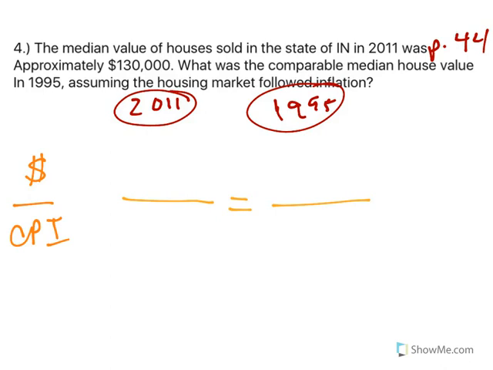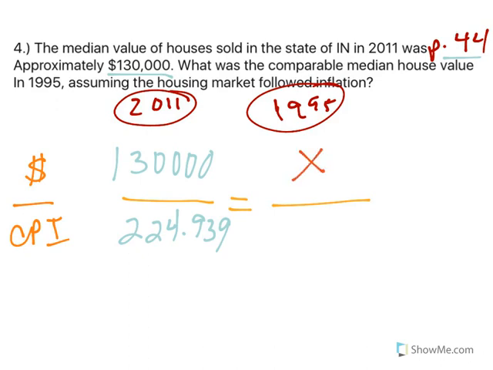Again, with proportions, you have four different ways you can set up every proportion. This is just how I set my CPI problems up. When we're looking at 2011, the cost was $130,000, and when I look at my CPI table in 2011, my CPI value is 224.939. I get that value from page 44. Now, in 1995, I don't know what my dollar amount is. That's what I'm trying to find. But according to my table on page 44, my CPI value is 152.4.